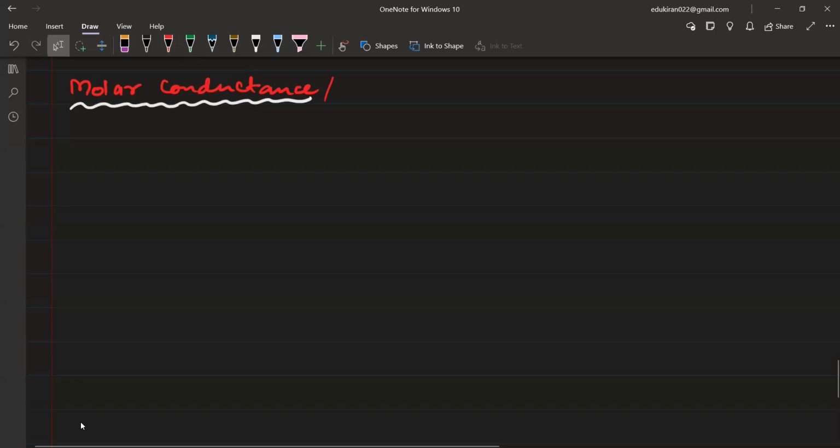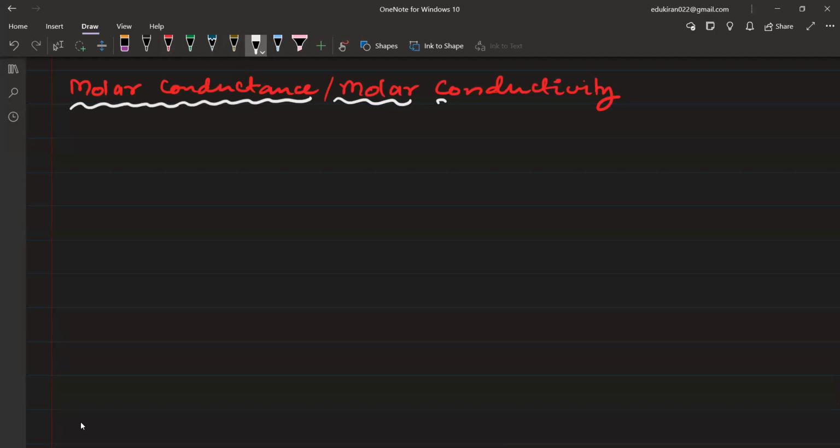This is represented as lambda m, the big lambda. This is lowercase lambda, this is uppercase lambda with a subscript of m.